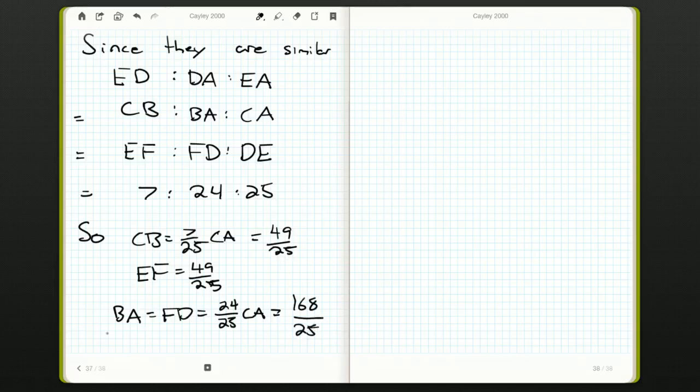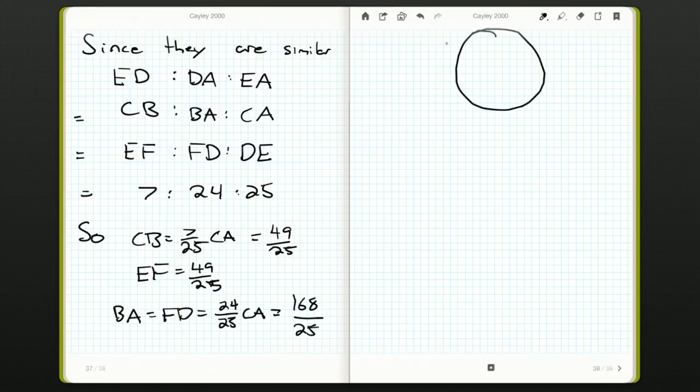All right, so we now have a whole bunch of lengths here. I don't want to keep flipping back and forth, so I'm just going to redraw my picture, a little smaller than before, but that's okay. So what do we have now? We have 7 here, and a 7 here.